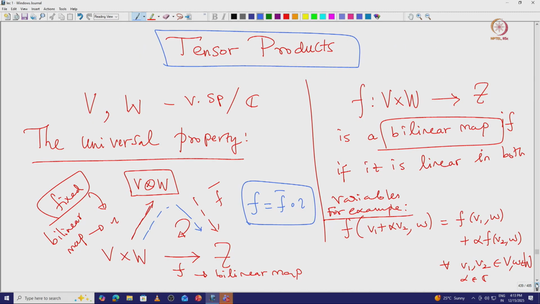So, the diagram commutes. We want such a pair V tensor W comma iota. That is called the tensor product, but it is understood that this iota is already there. So, we simply call V tensor W the tensor product of V and W. Like I said, we want to think of all bilinear maps as linear maps from V tensor W to Z.